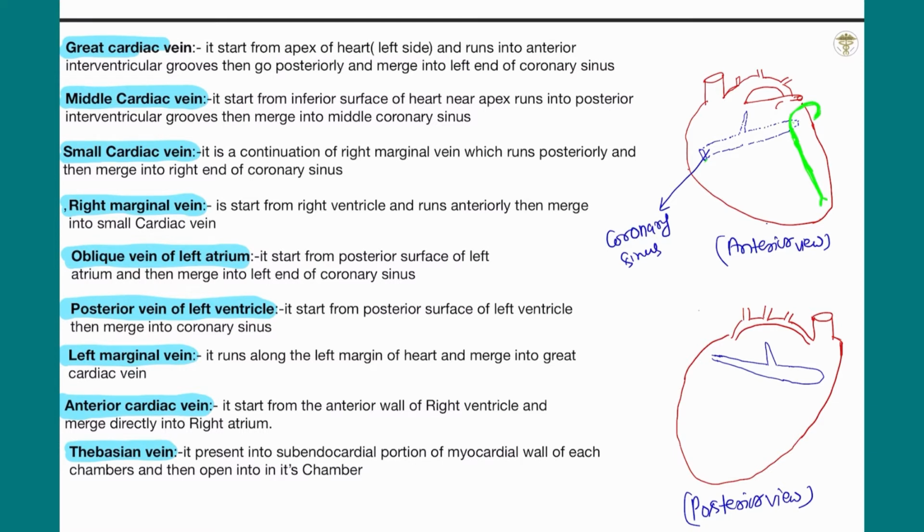Here also the circumflex artery is present; I already discussed it in the artery chapter, in the arterial supply of the heart. So together with the circumflex artery, the great cardiac vein goes posteriorly and merges into the posterior part of the coronary sinus, its left end.